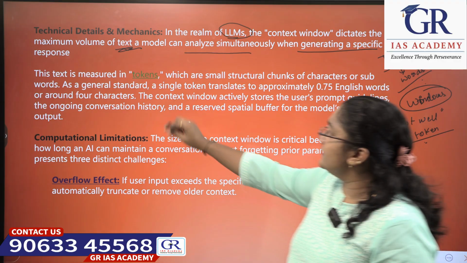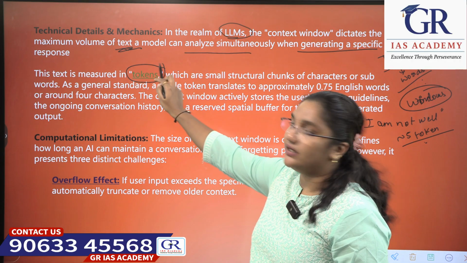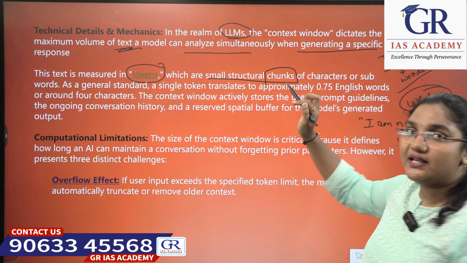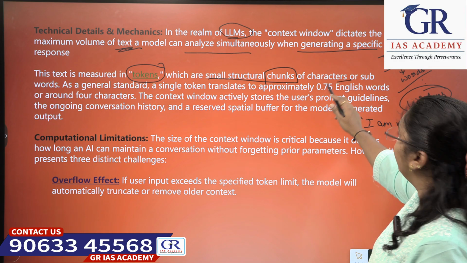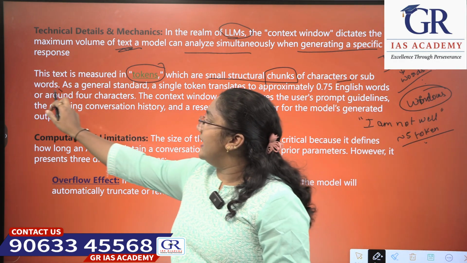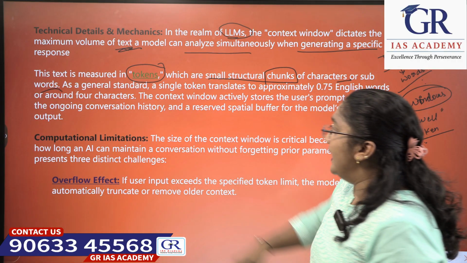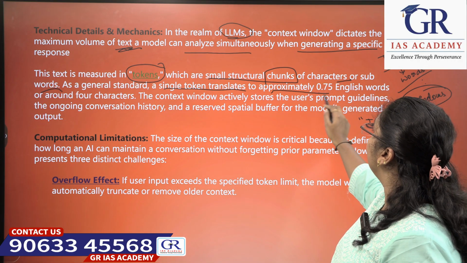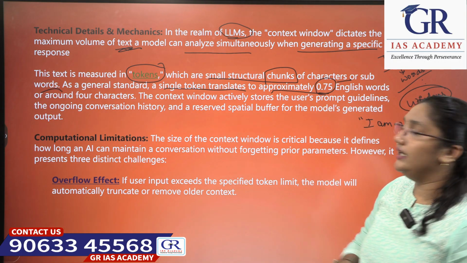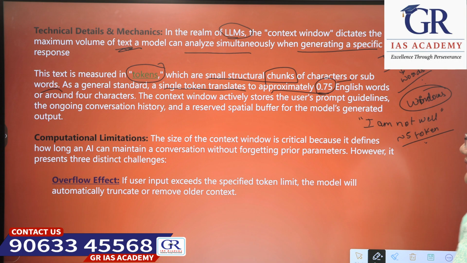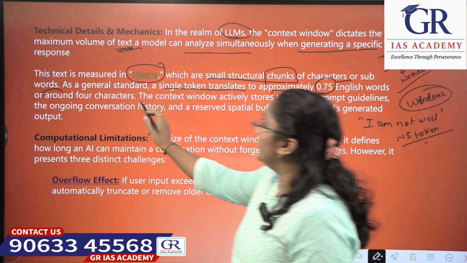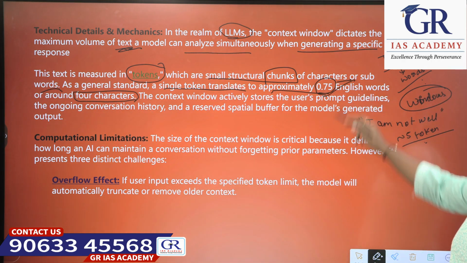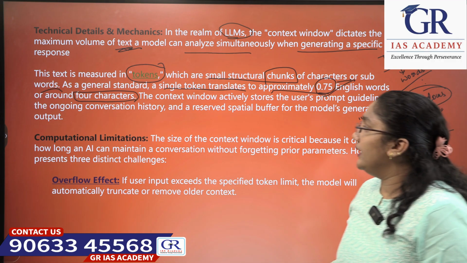Okay. The text which we give is measured in tokens, which are small structural chunks of characters or subwords. As a general standard, a single token is approximately 0.75 English words or around 4 characters.